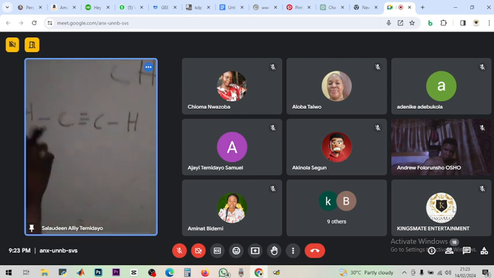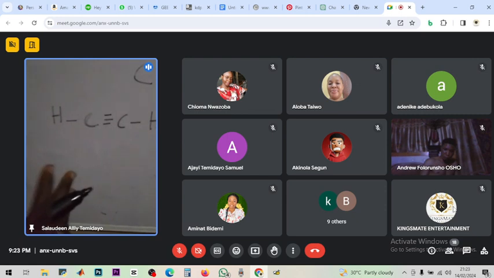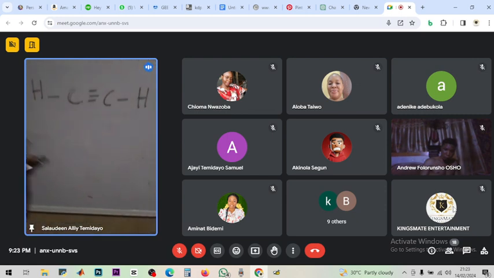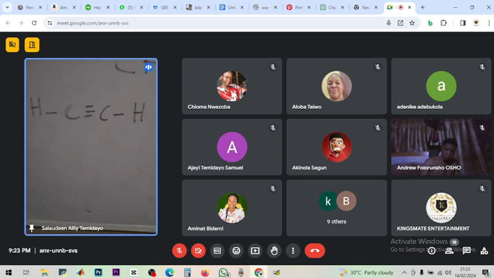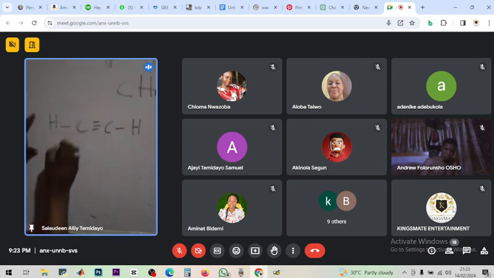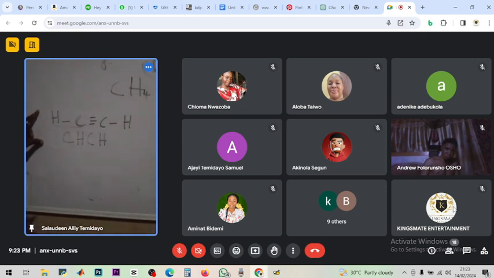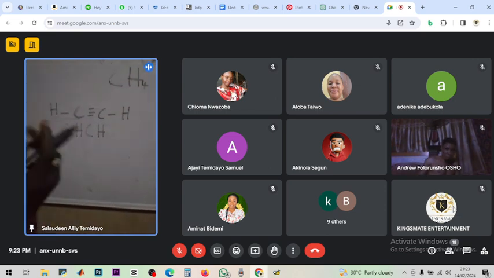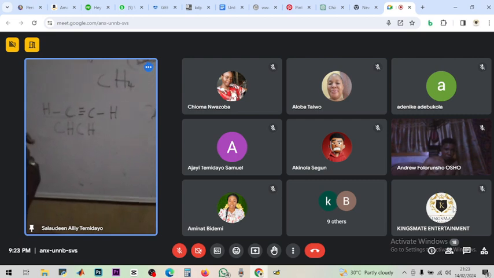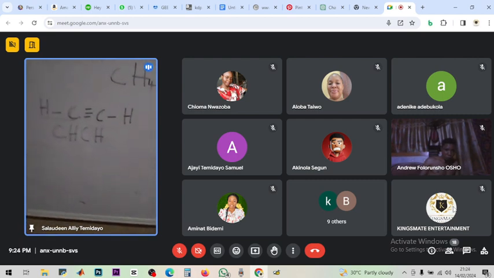It shows the structure of that thing. Now look at the molecular formula. We are going to write the molecular formula out from the structural formula. It is CH. That means I'm not showing the bond line again. I'm not showing the bond at all. So the molecular formula does not show the bond.